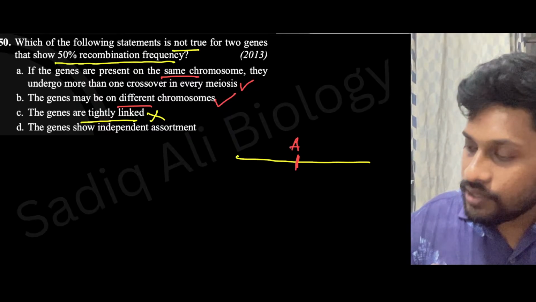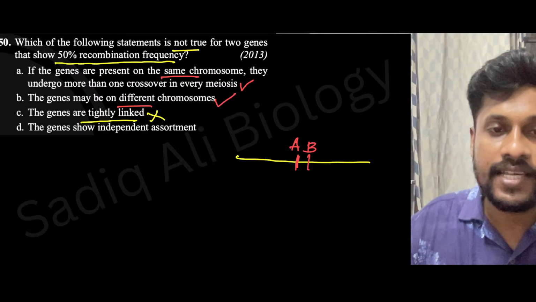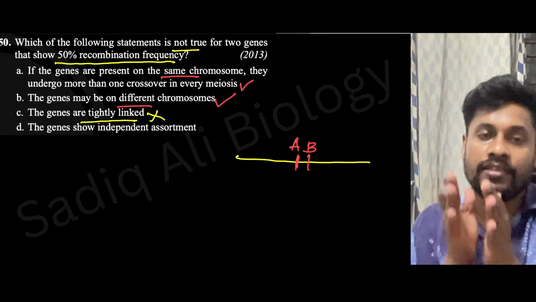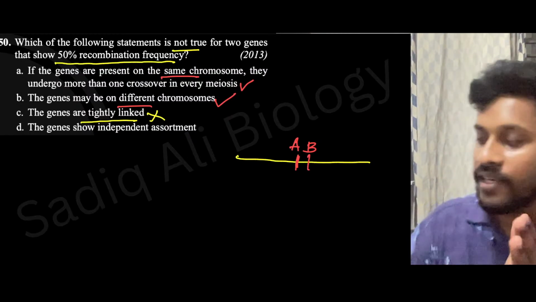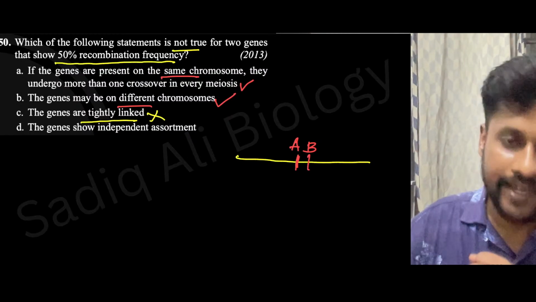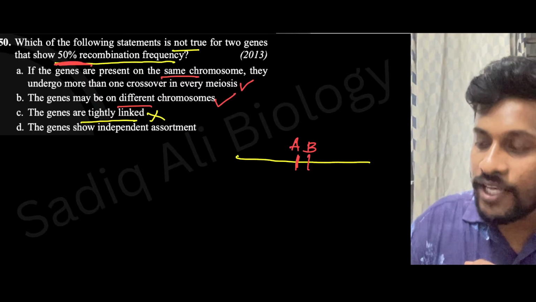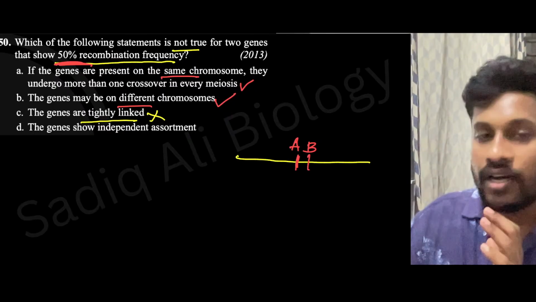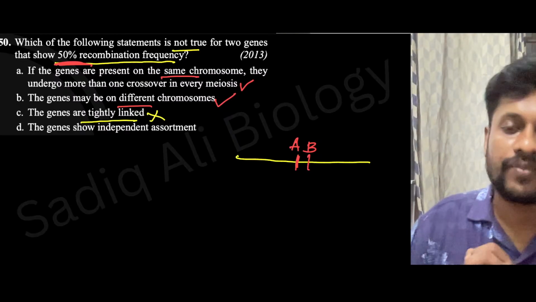There is a chromosome. I am taking two genes, A gene and B gene. Here you can see A and B genes are closely present together. The distance between them is very small, which means this linkage is tight linkage. In case of tight linkage, 50% recombination frequency is not possible. In case of tight linkage, all will be parental, recombinant will be zero.